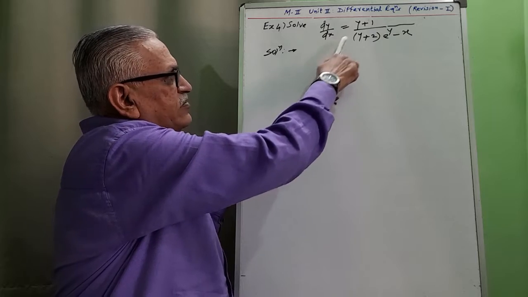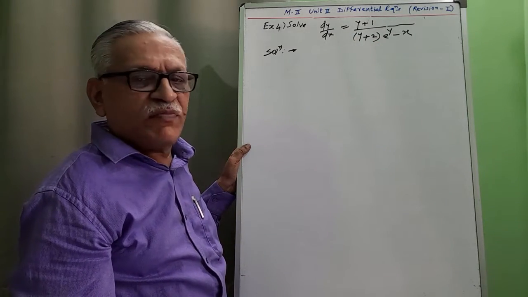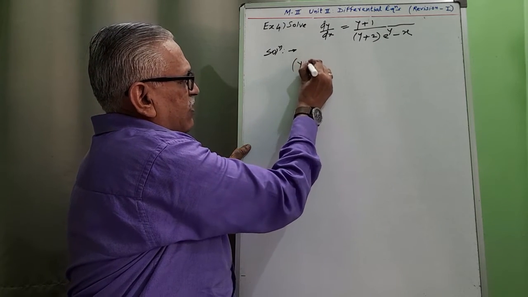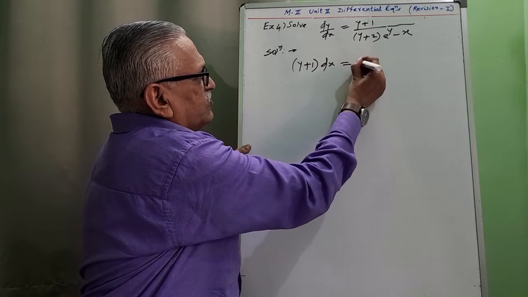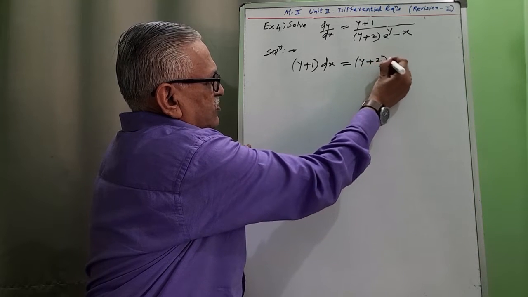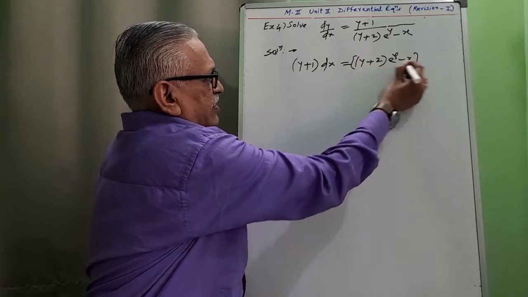Solve dy by dx is equal to y plus 1 divided by y plus 2 into e raised to y minus x. Cross multiplying it, we get y plus 1 into dx is equal to y plus 2 e raised to y minus x into dy.